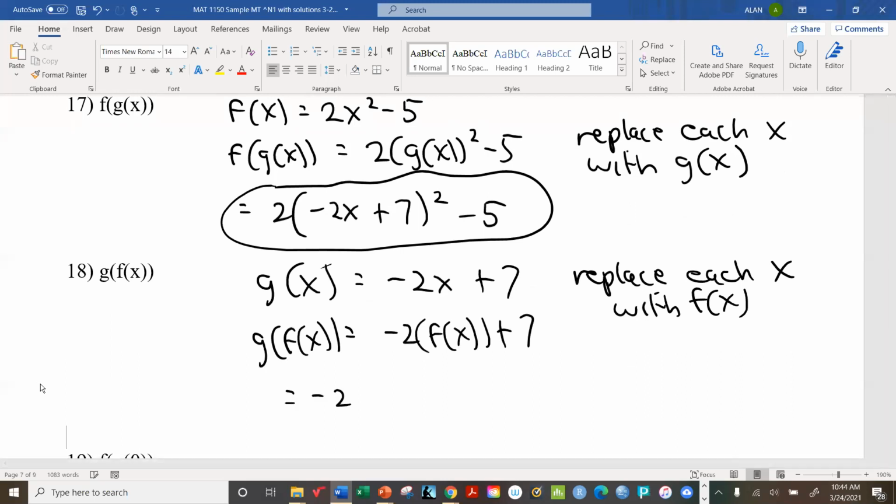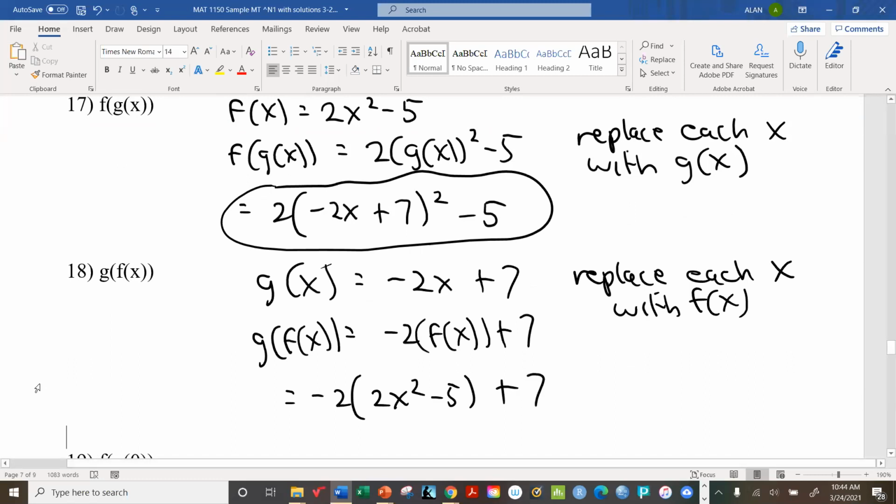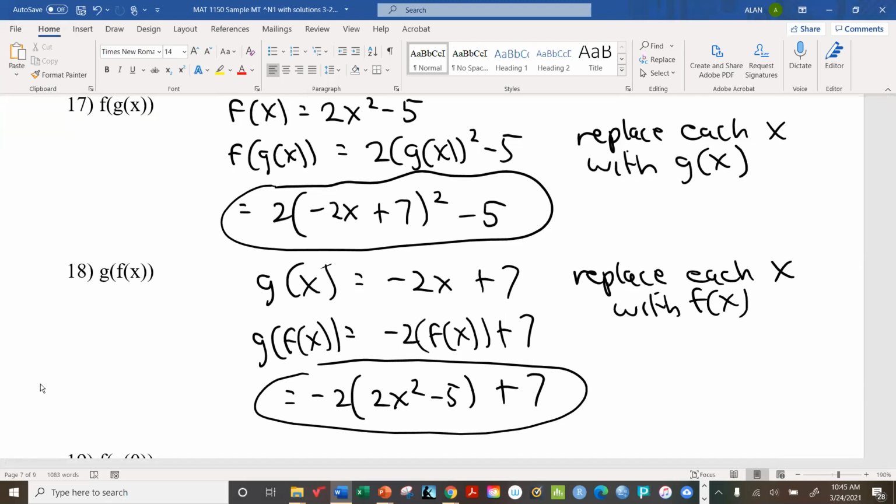And then you actually substitute the 2x squared minus 5, plus 7. And again, it's kind of a messy function. So is it absolutely necessary to consolidate? Probably not. You can feel free to leave it like this, unless you want to expand it. You can, but it's not necessary.